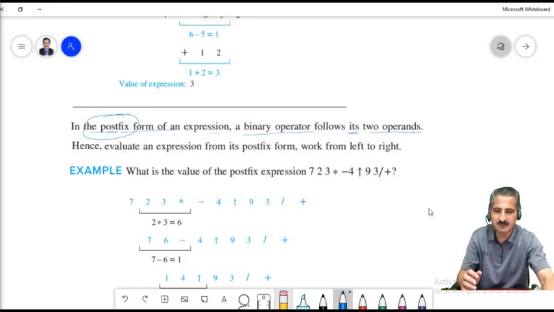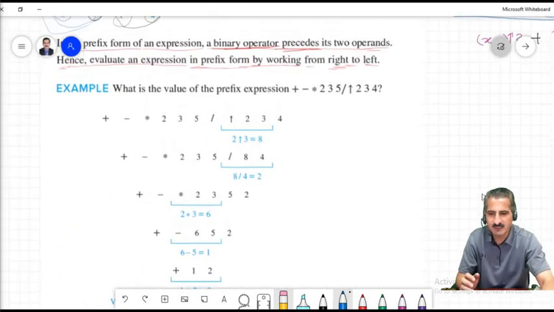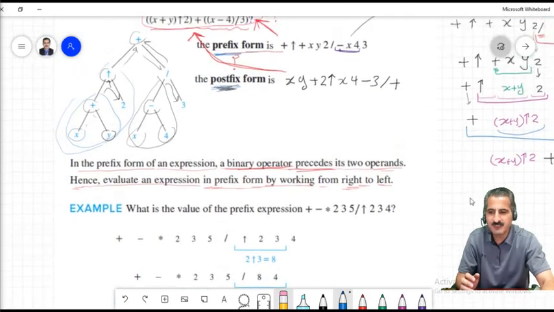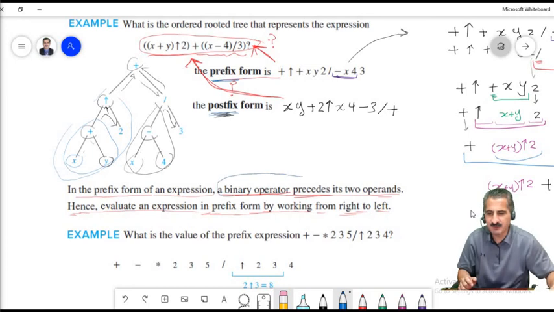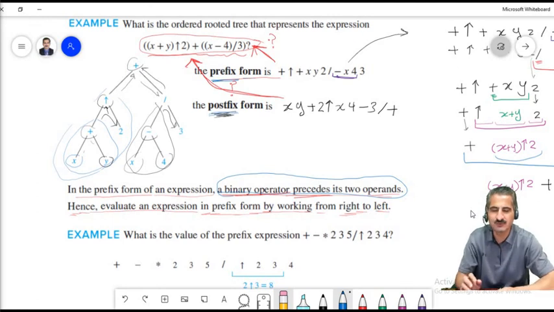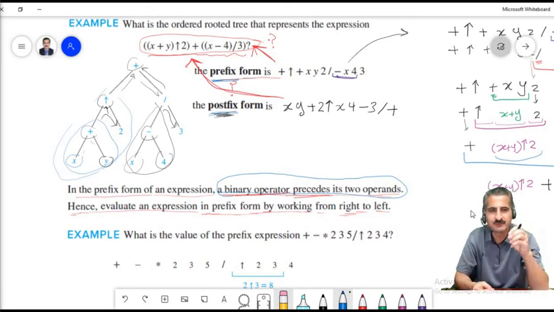While what we have already seen, let me go back to it, in the prefix form, it says the binary operator precedes the operand. This is why this is true, because in the pre-order traversal, we took the root and then we visited the subtree. And you see in such a tree, the roots are labeled with the operations, the binary operation.